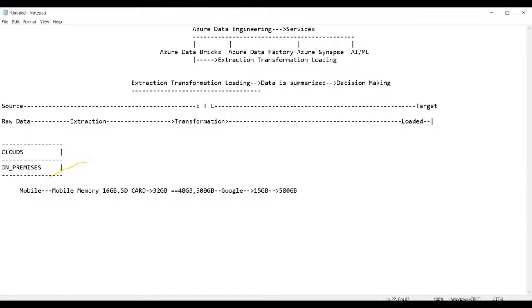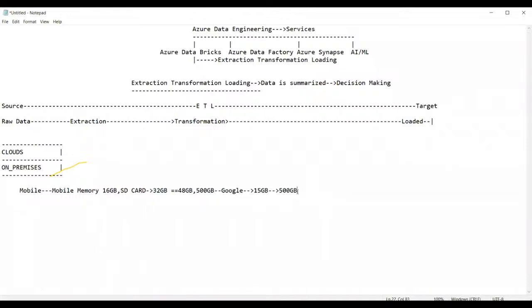Will Google provide 500 GB of memory free of cost, or will they charge something for it? They'll charge. That means after 15 GB, even if you store 0.1 MB, it is going to charge you. So you can buy the space on Google Drive by paying some cost.